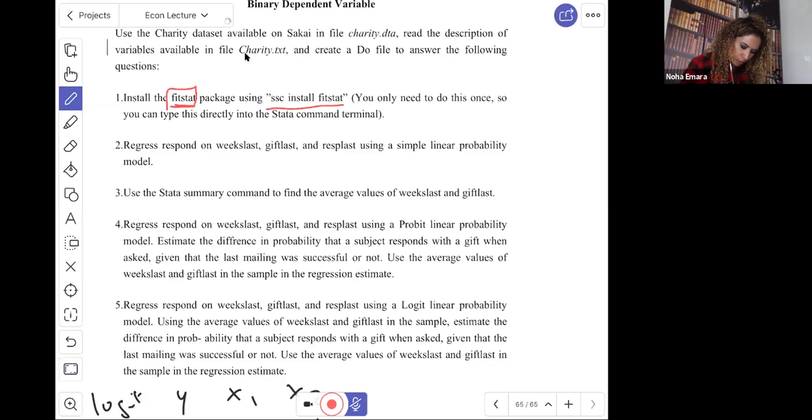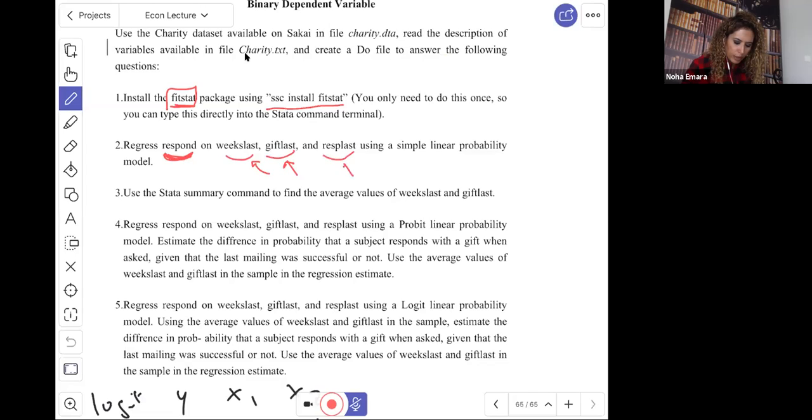Okay, I want you to model respond, so this is my dependent variable, on weeks last. What is weeks last? It is the number of weeks since last response. And then gift last. Gift last is the amount of the most recent gift.